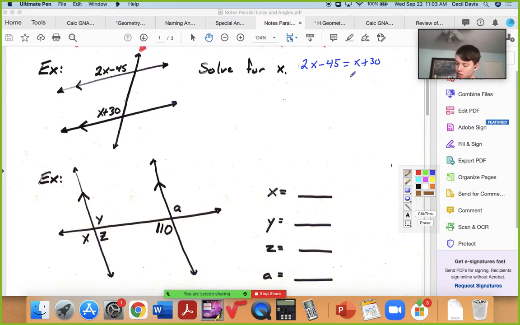So now I just need to do the algebra to solve that, so I'll subtract x from both sides. I'll add 45 to both sides. Now I'll get that x is 75.